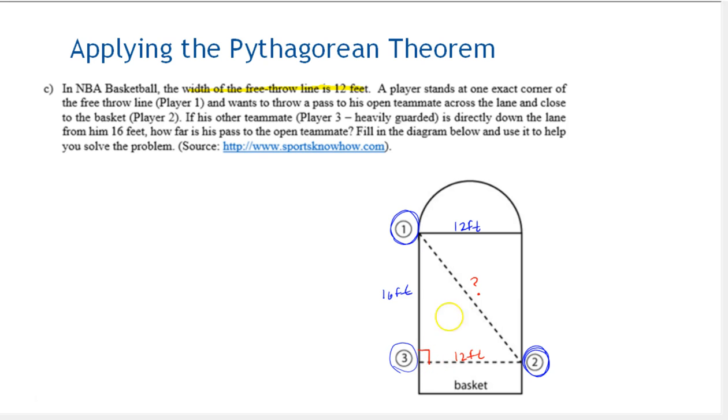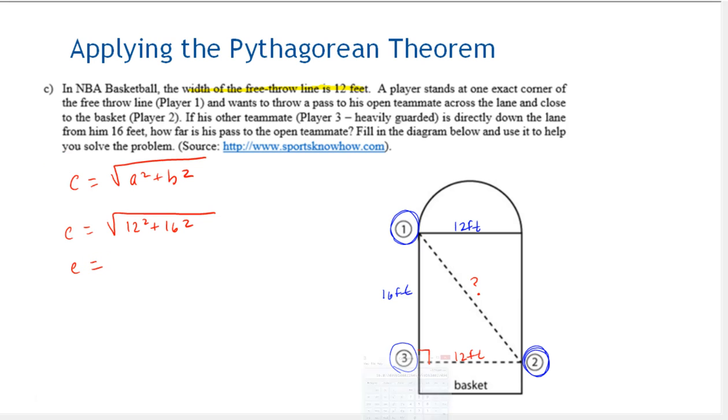So now notice we want to find this length. We know this length, and we're missing the hypotenuse because it's across from the right angle. So we're going to use c equals the square root of a squared plus b squared. Okay, these are my two lengths, 12 squared plus 16 squared.